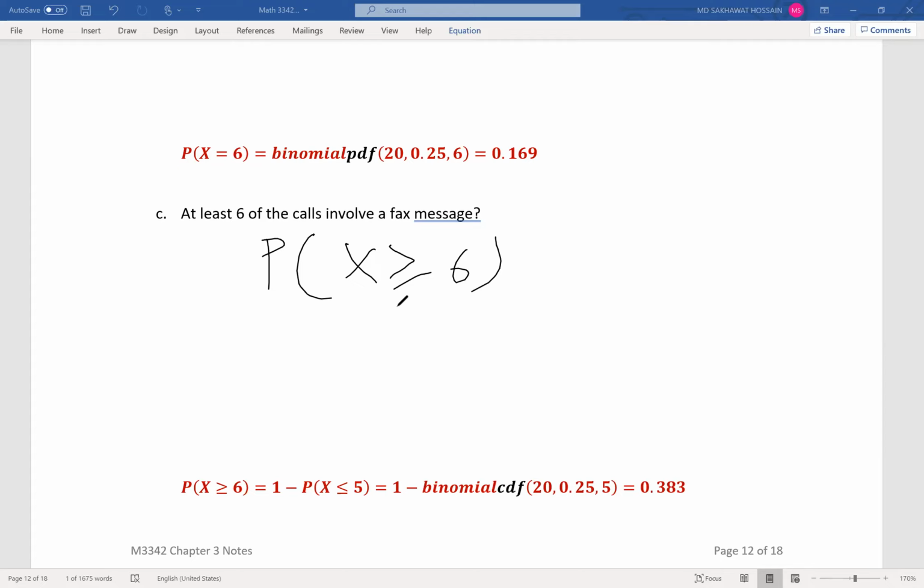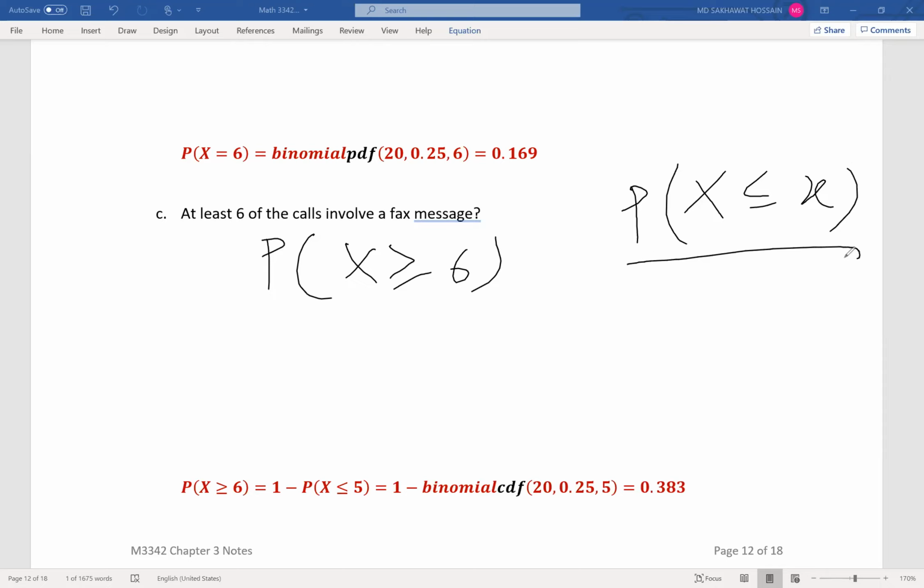So now how can we find this probability using the calculator? If you use binomial CDF, since this is also cumulative, it will always give you this type of probability, less than or equal to some number, not greater than or equal to some number. So here we have X greater than or equal to 6, but if you use the calculator, it will always give you the other one.